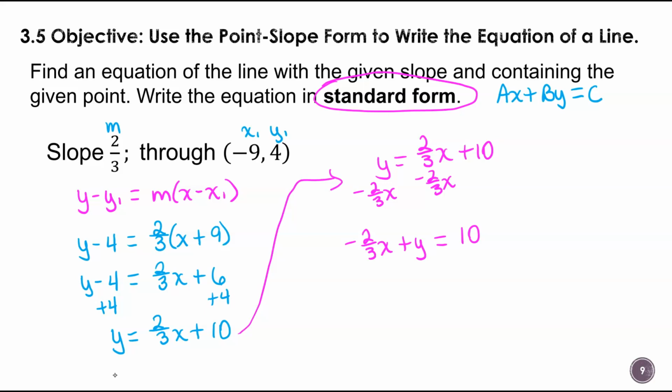I can do this by multiplying by negative 3 on both sides of my equation. Negative 3 times negative 2/3 gives me just a simple 2x. Negative 3 times y is negative 3y. 10 times negative 3 would be negative 30. And then that's it. It's in standard form.